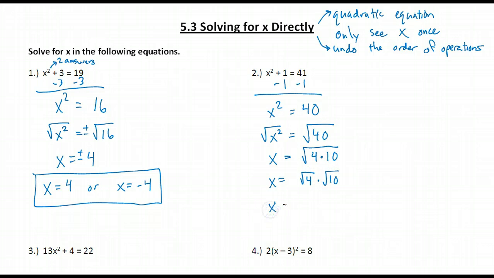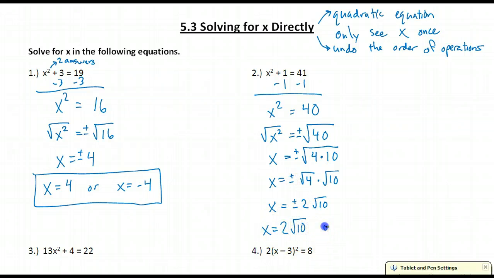So I'm left with 2 square roots of 10. And I should get 2 answers, so I need to go back and put in this plus or minus in front of the square root. So x equals 2 square roots of 10, or x equals negative 2 square roots of 10.